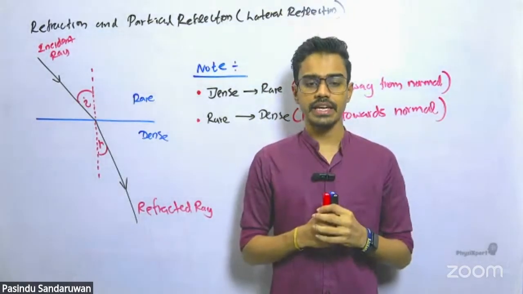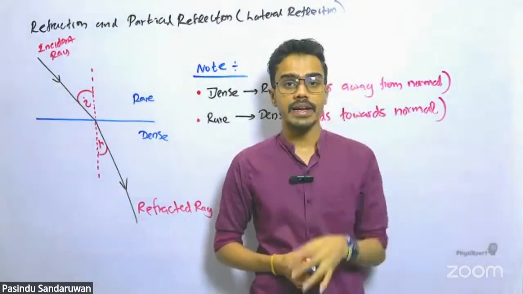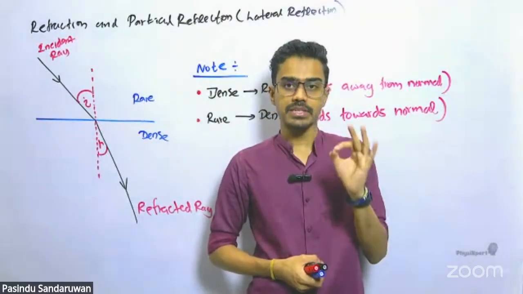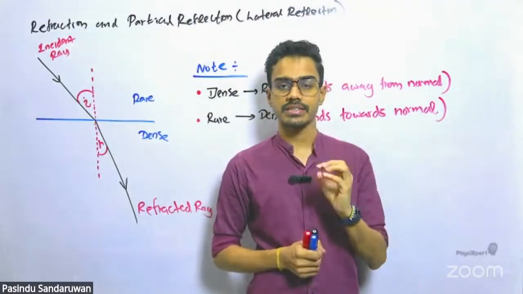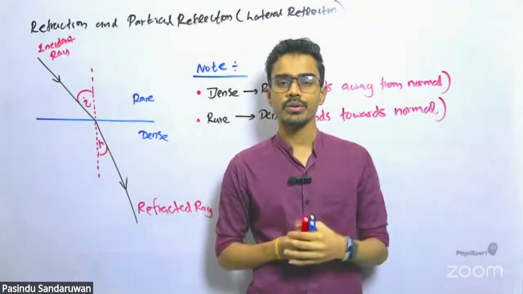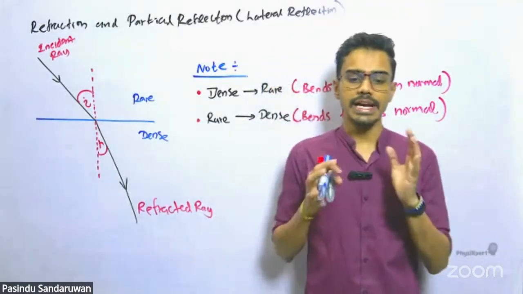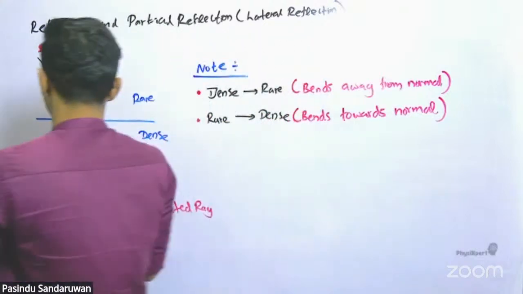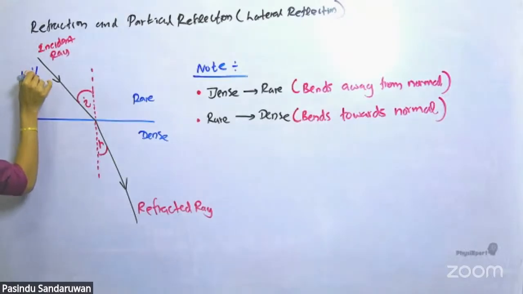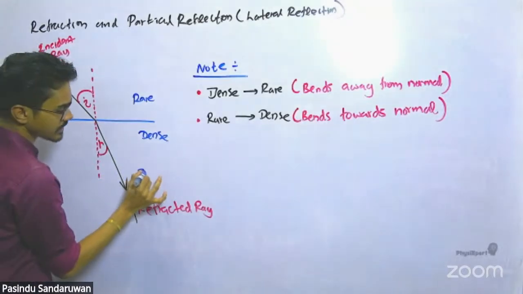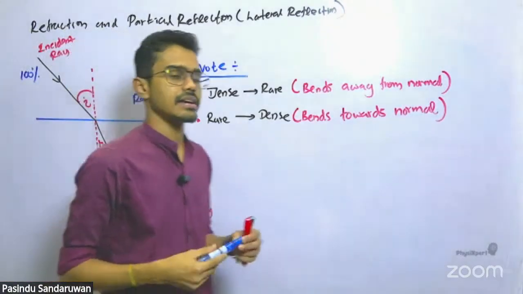When a refraction takes place, the light ray is never 100% refracted. What happens is only around 80% is refracted, if this light ray is 100% intensity.